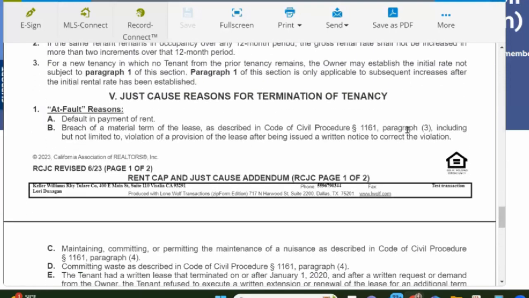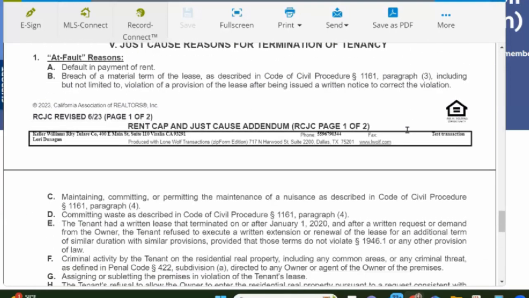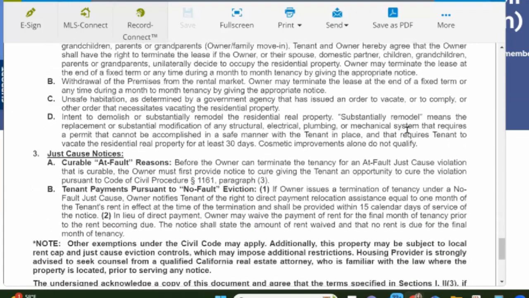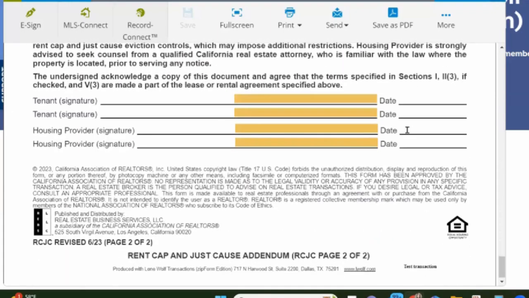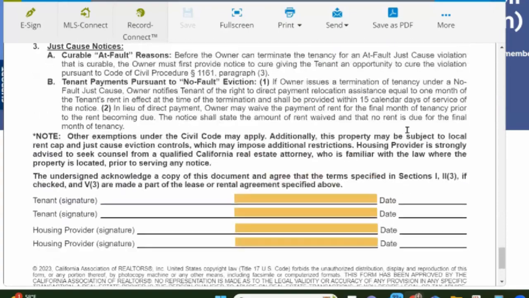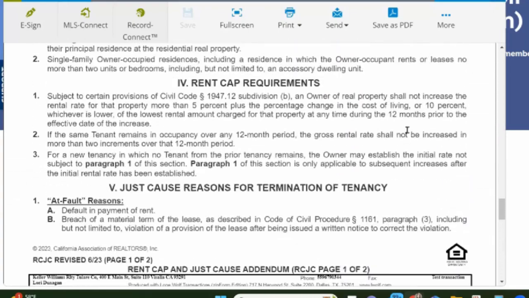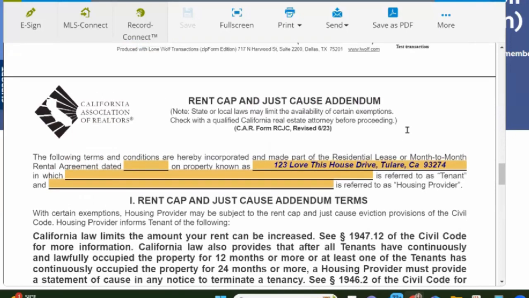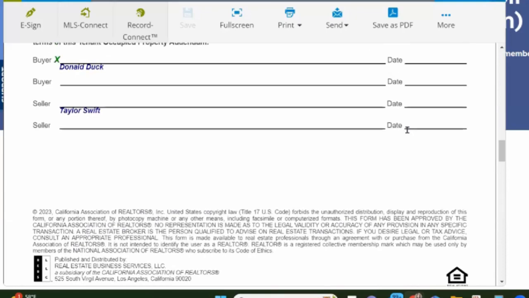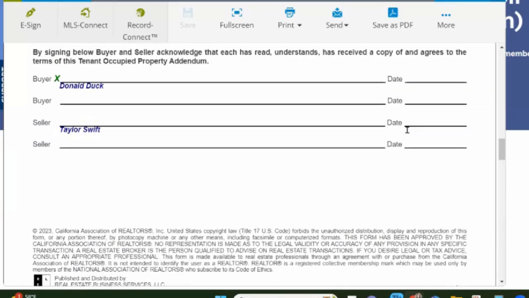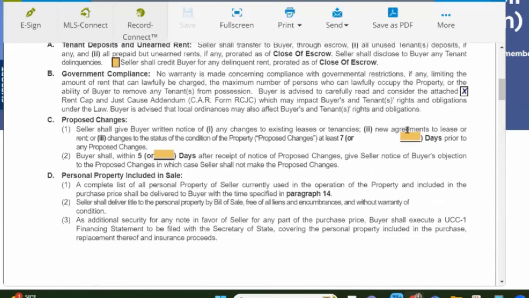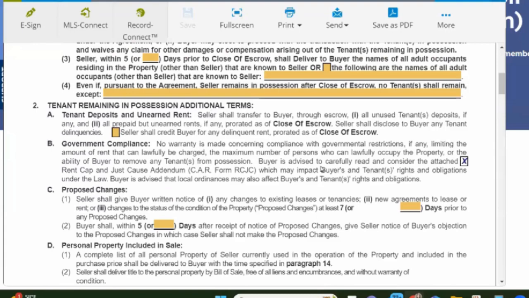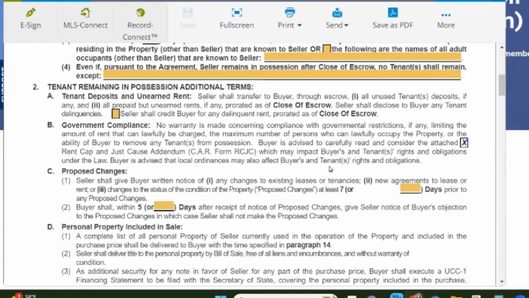If you're going to terminate a tenant, there are at-fault reasons, there are no-fault reasons, and there are notices that have to be given. So this has to go to the buyer so that they're notified of some of the rules that are going to go into effect if they take the home with the tenants in possession. So that's what that's doing.